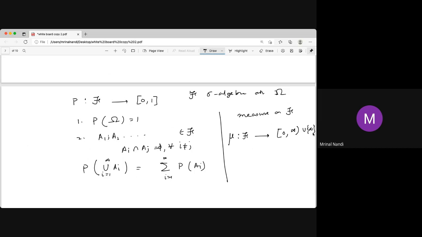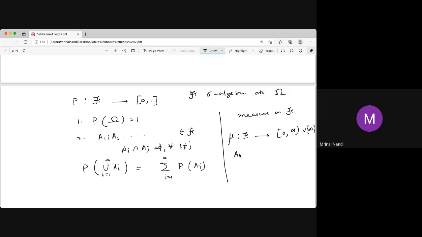It's the real numbers union infinity, because in a general measure the length may be infinite. The length of the whole real line is infinite, but it can't be negative. It's non-negative, such that this first condition is just dropped. The whole set may not be 1. It may be 5. It may be infinity.